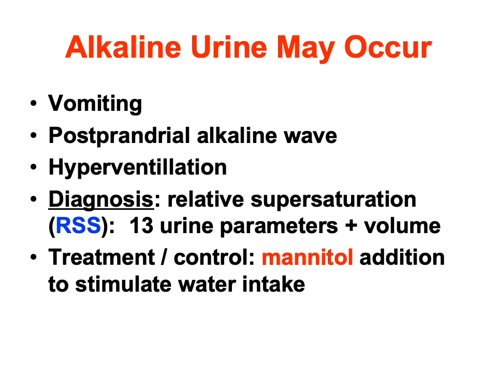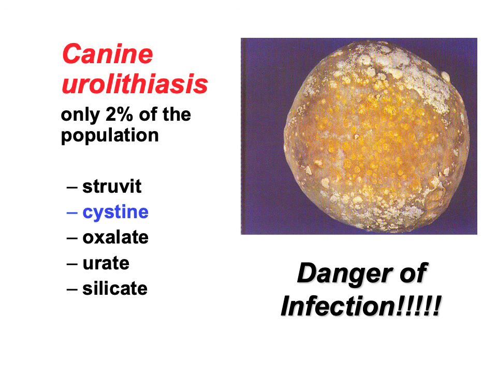The next is canine urolithiasis, which is not as common as in the cat. Only 2% of the population is affected by canine urolithiasis. The order of incidence is a little bit different.